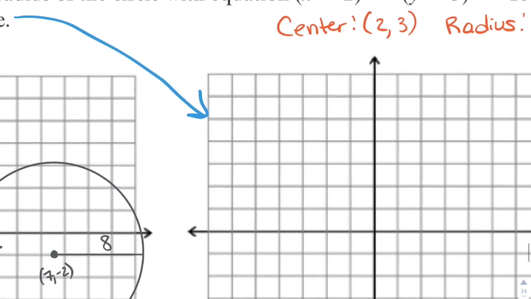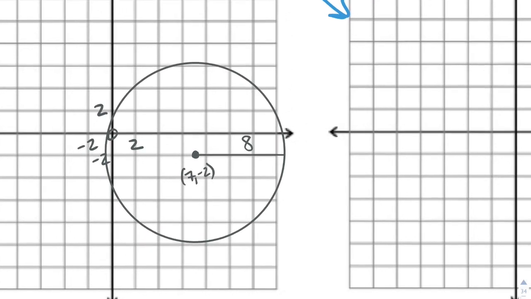If it's (7, negative 2), that means you can add or subtract 8, because that's your radius, from 7, and that will give you your high and your low. So 7 plus 8 is 15. That's your x-axis, so that's about 15 right there.